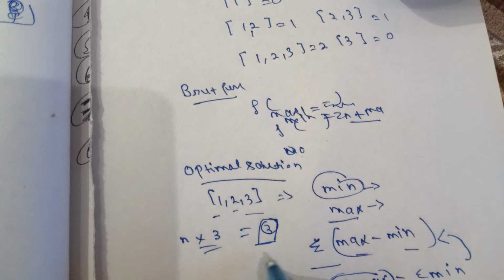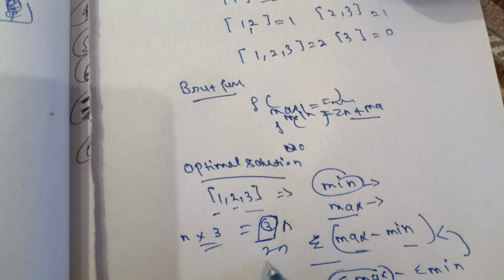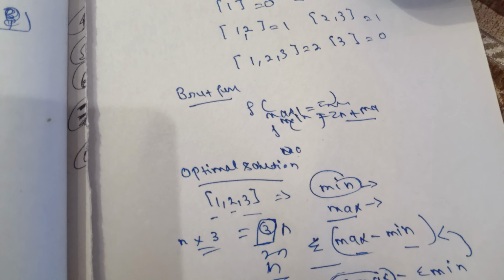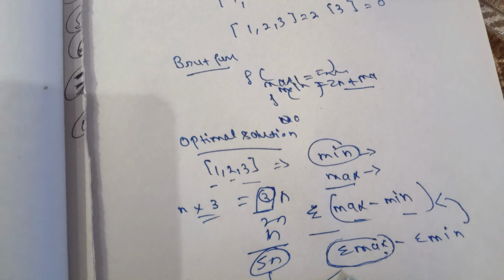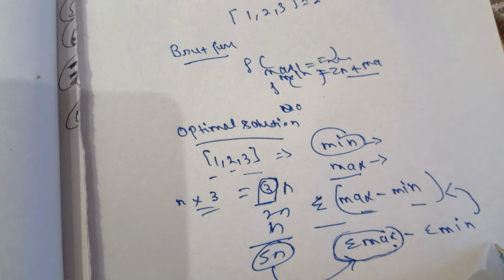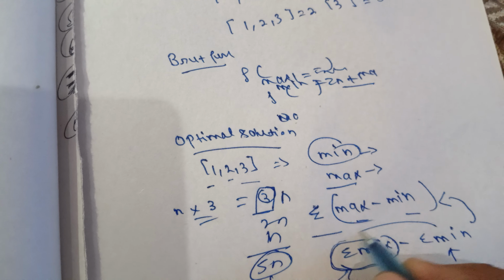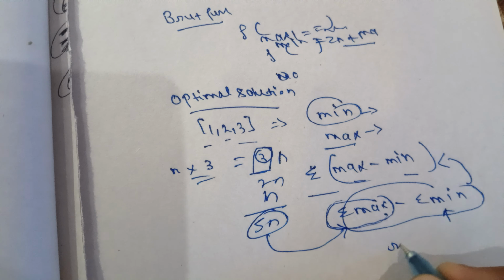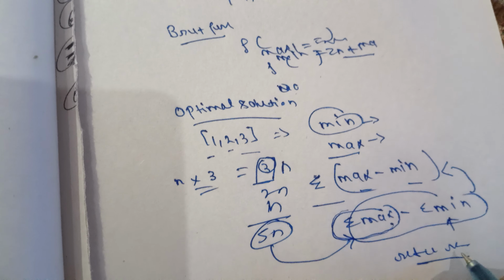So this is 3n, 2n plus n. So this is the sum of max, and just like we found sigma max, we find sigma min, and by subtracting these two we get our return result.